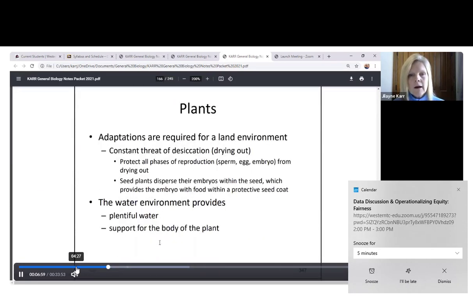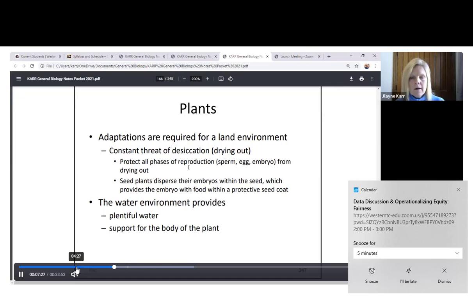So when we look at some of the issues with being on land, well, obviously, if there's not enough rainfall, then plants are at threat for drying out. We call that desiccation. Something that is desiccated is dried out and has no water. So like when you're making beef jerky, for example, you're desiccating that meat, and that lack of water and high salt concentration prevents that beef jerky from rotting, right, and going bad.